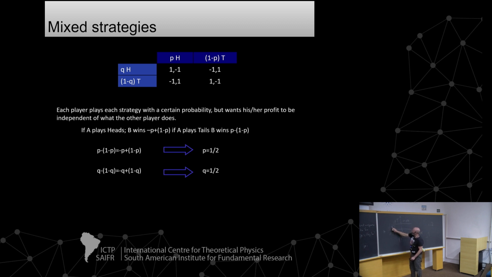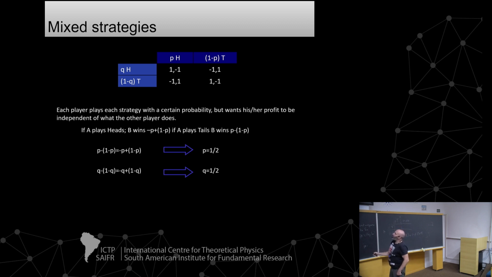If this player just decides to play T, the other player will choose this combined strategy. So the payoff of B will be the payoff of T against T with probability P, and the payoff of H against T with probability 1 minus P.